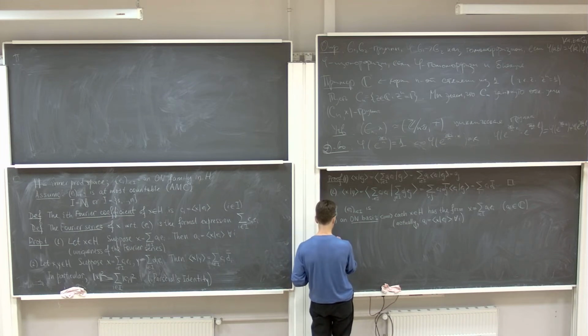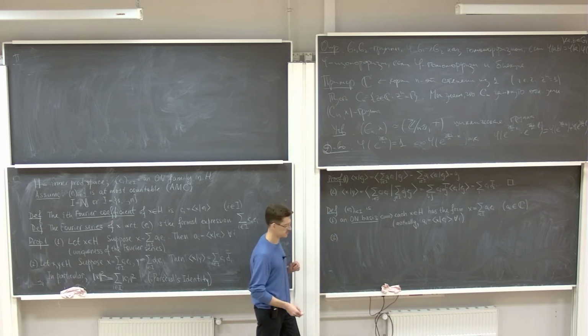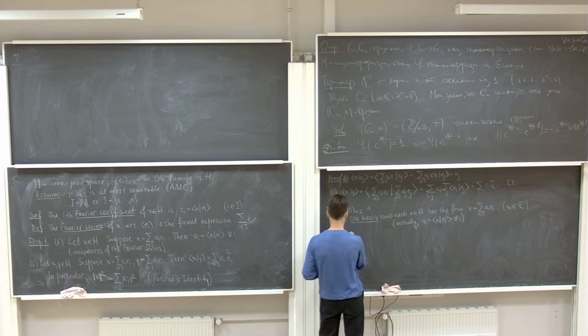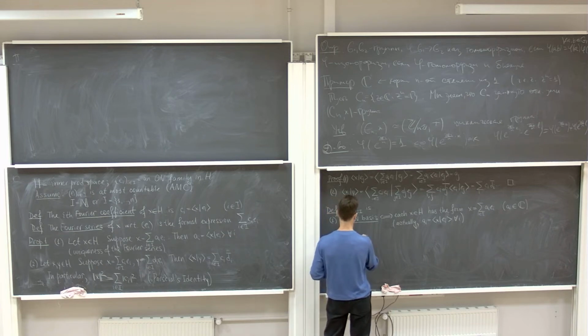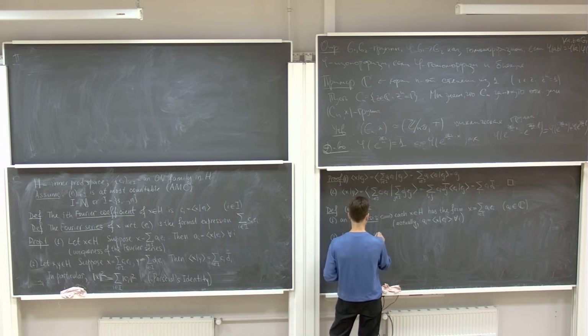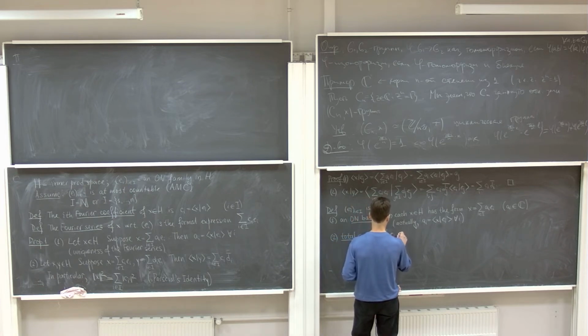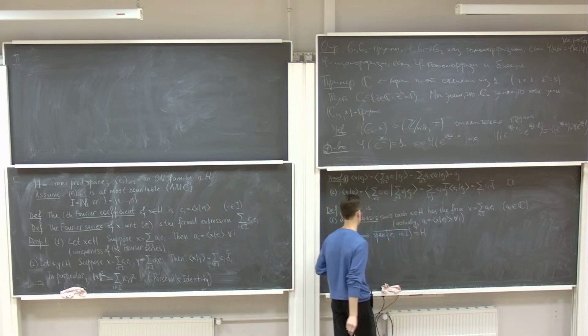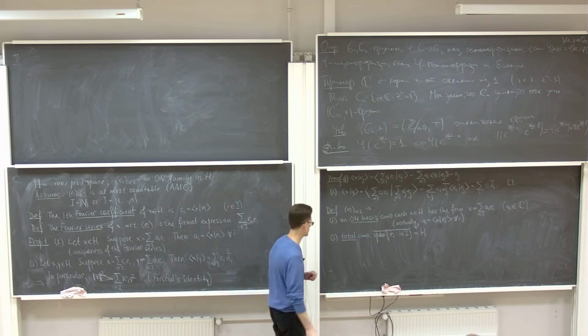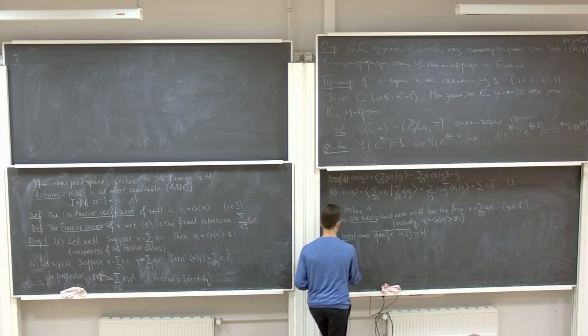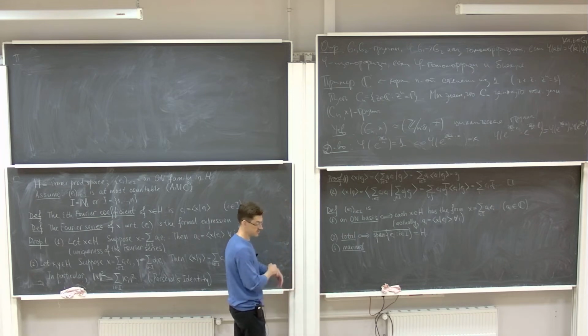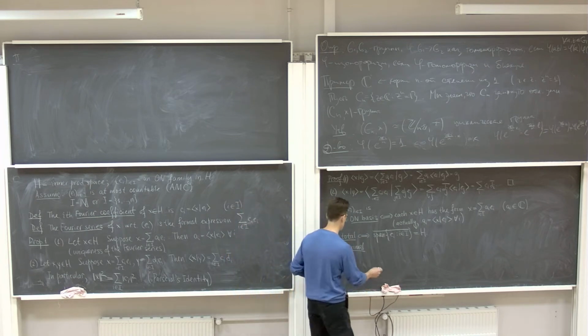Now condition 2, we say that e_i is total if the closure of the linear span of this family is the whole of H. This equals H. And finally, we say that e_i is maximal if it is maximal as an orthonormal set.